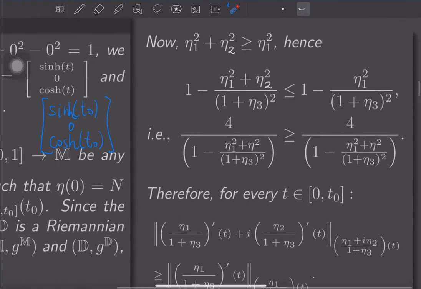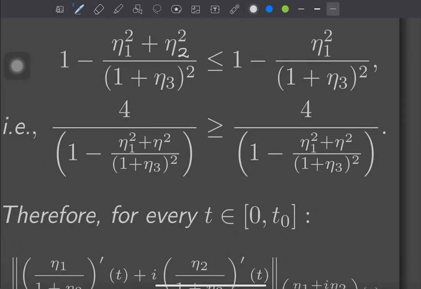And here, I don't know why I made this mistake. Here there should be nothing, because eta 1 square is by itself. So let me fix it.